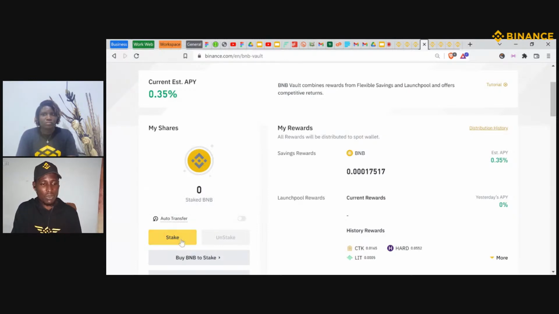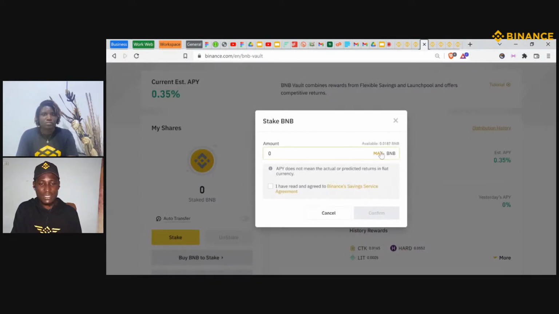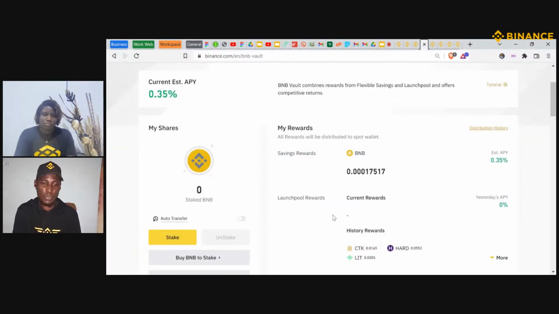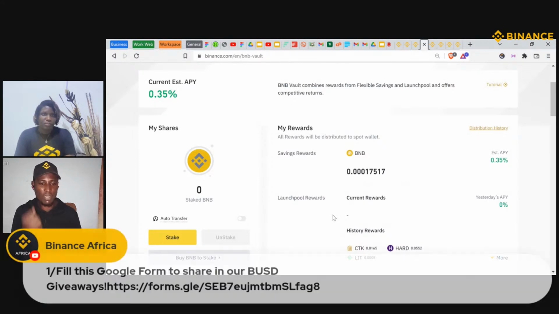But when you are staking manually, tap on stake, and you can tap on max to transfer every BNB you have in your spot wallet into your BNB Vault. Or you can just input the number of BNB you want to stake. When you do that, tap on I have agreed and tap on confirm, and you get your BNB into your BNB Vault. Now, what are the advantages of using BNB Vault?